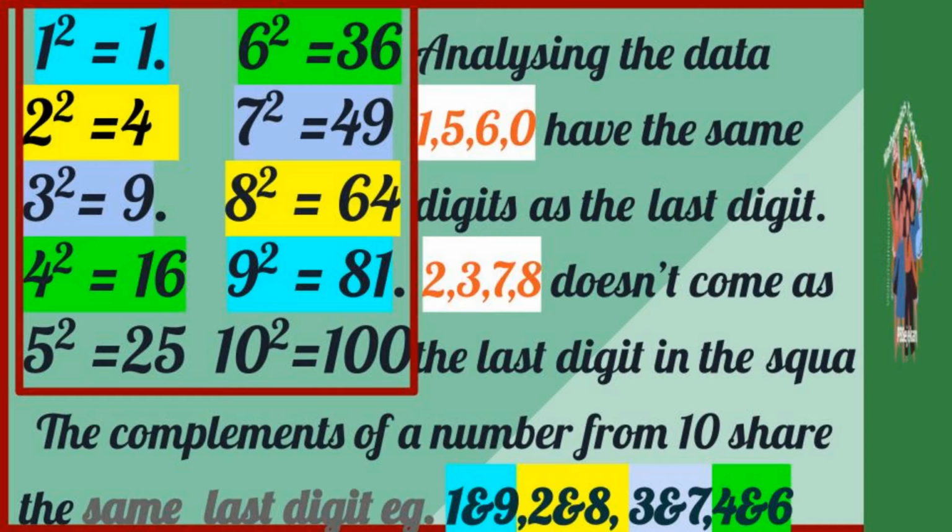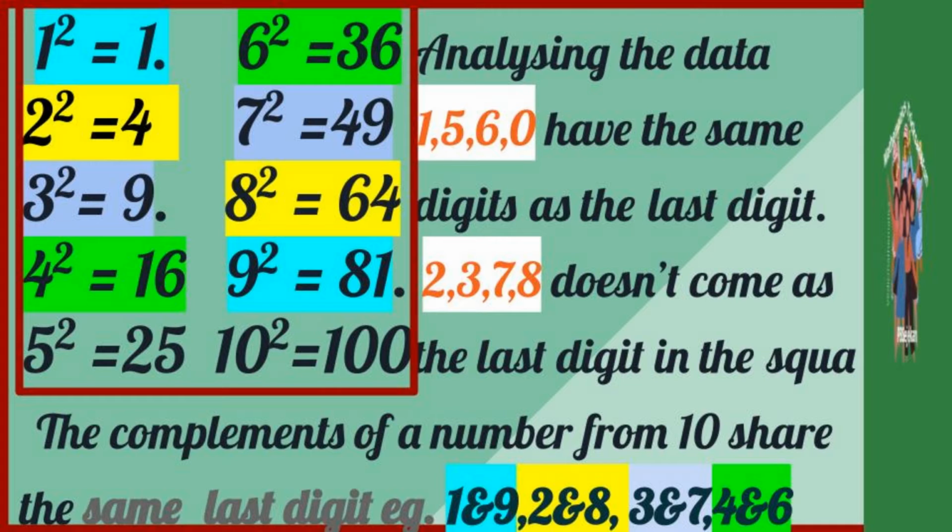Let us learn the squares of some common digits. 1 square is 1, 2 square is 4, 3 square is 9, 4 square is 16, 5 square is 25, 6 square is 36, 7 square is 49, 8 square is 64, 9 square is 81, 10 square is 100.